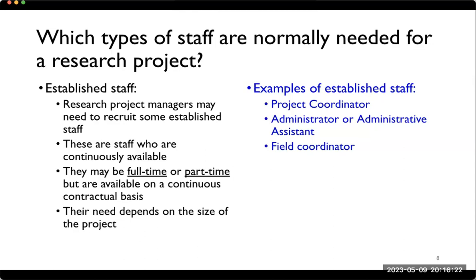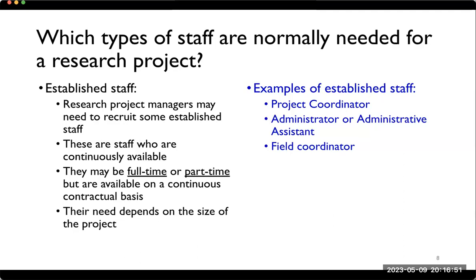This could be on a full-time basis, or they could be on a part-time basis, but they will be continuously available on the project. And then again, the needs will depend on the size of the project. So the examples could be project coordinators, principal investigators, co-principal investigators. Administrative staff are very, very important.